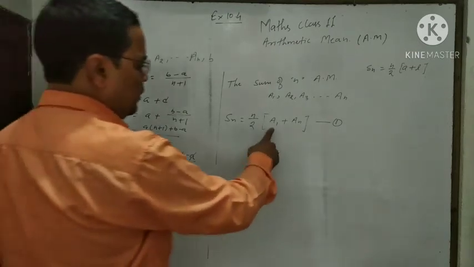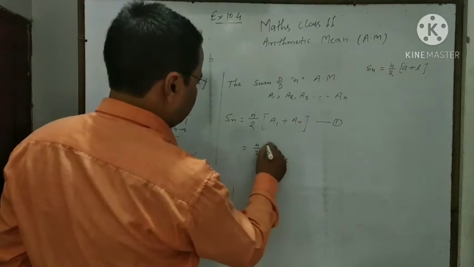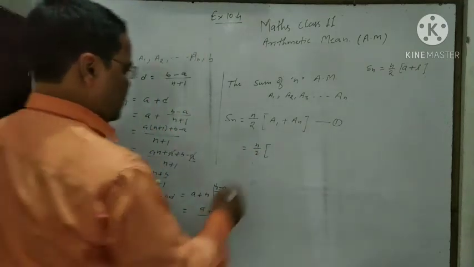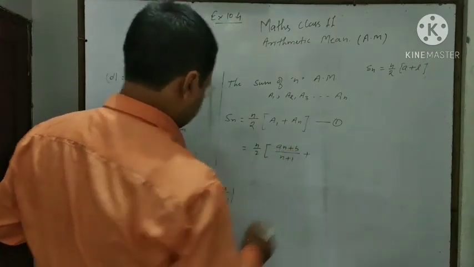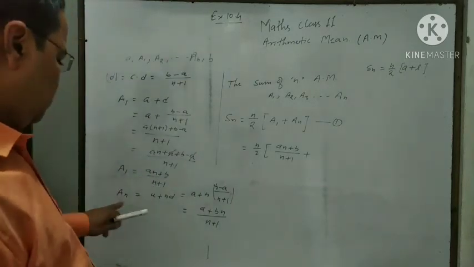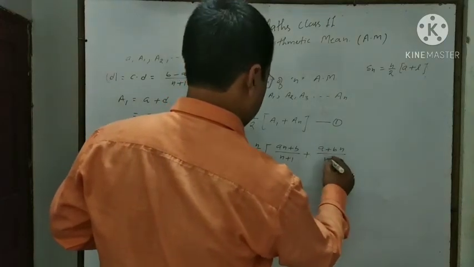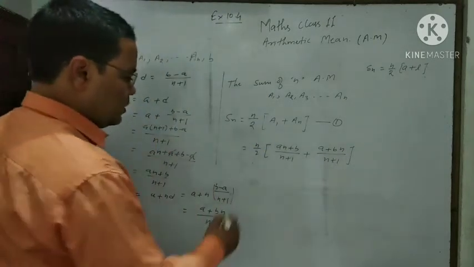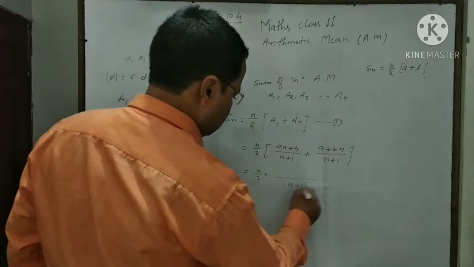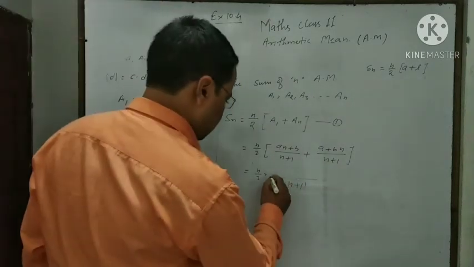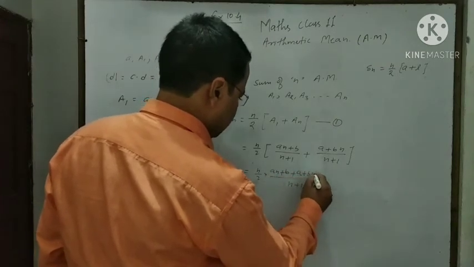Now we put the value of A1 and An from here and here. Then it will be n by 2. What is the value of A1? An plus b upon n plus 1, plus, what is the value of An? An value is this much, a plus bn upon n plus 1. Okay, here the denominator is the same. We can take it this way, an plus b plus a plus bn.